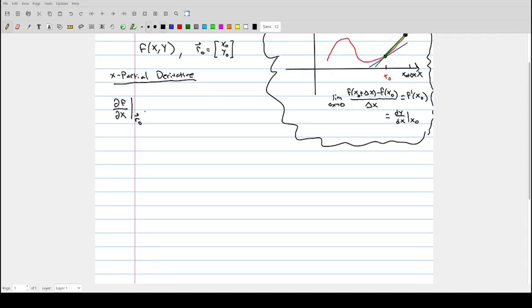So we say that this is equal to the limit as delta x goes to 0 of f of x naught plus delta x comma y naught, minus f of x naught comma y naught, divided by delta x.